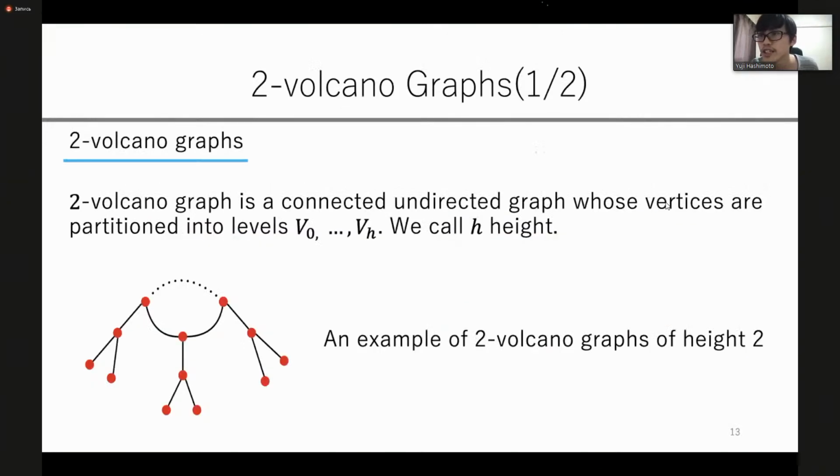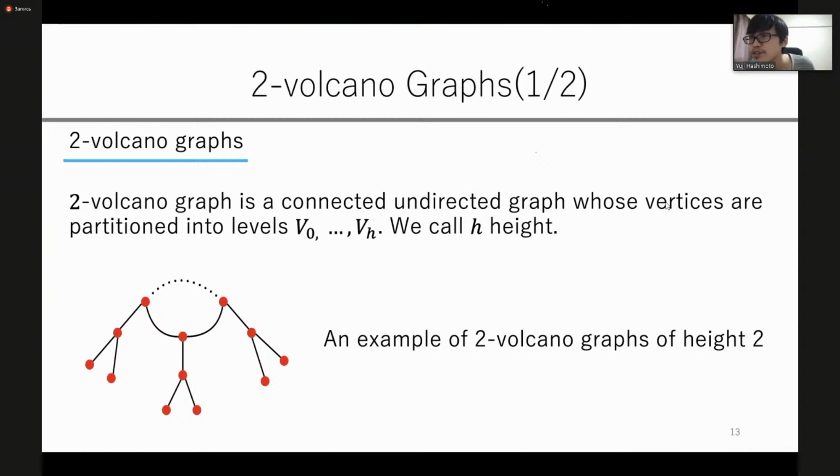I'm going to explain the 2-volcano graph in detail, but you don't need to know everything exactly. You can see that the shape of the graph is usually a mountain shape, like the figure in this slide. A 2-volcano graph is a connected undirected graph whose vertices are partitioned into levels V0 to Vh, where we call h the height.